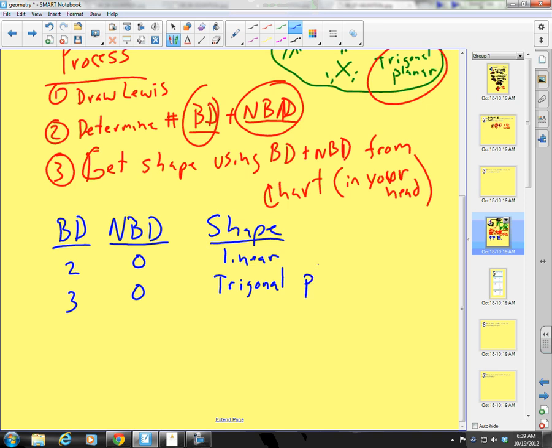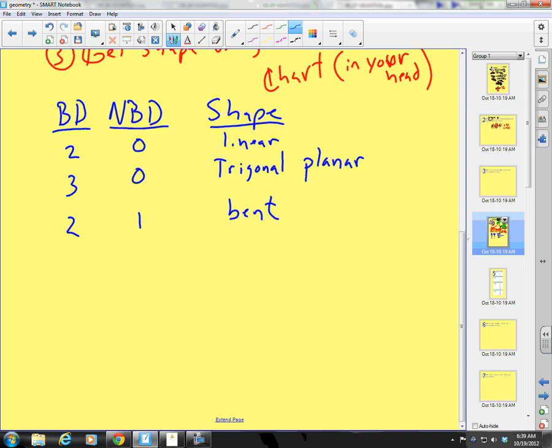Trigonal planar, planar means it is in one plane. 2, 1, it is bent. And we'll have a couple bents. 4, 0, this is very popular. It is tetrahedral, very popular with carbons.